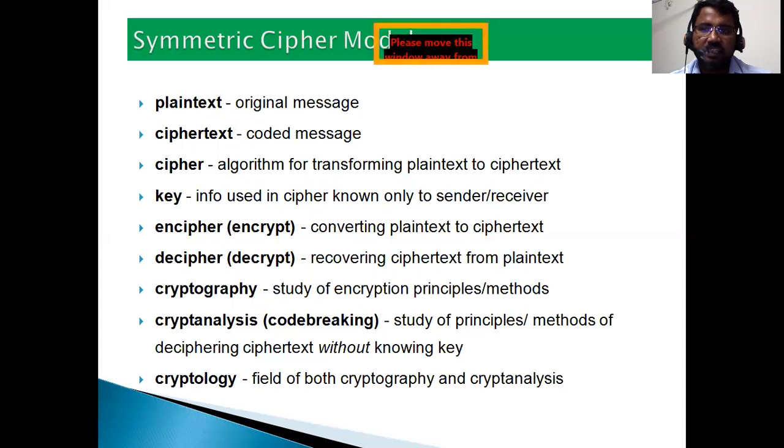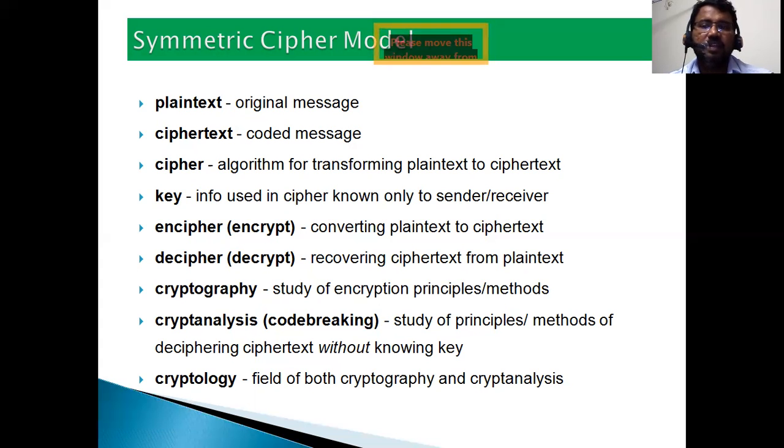Key is the secret information which is used to encode or decode that particular message. Then we have the cipher, that is the encryption algorithm, which can be used to convert plain text into cipher text. Then the decipher, that is the decryption algorithm, which converts the cipher text to plain text.